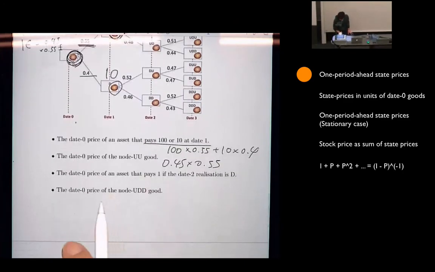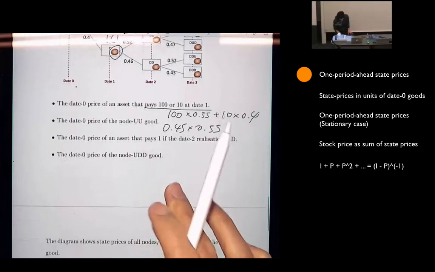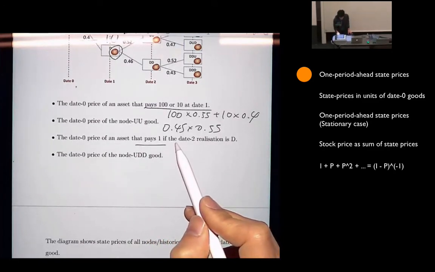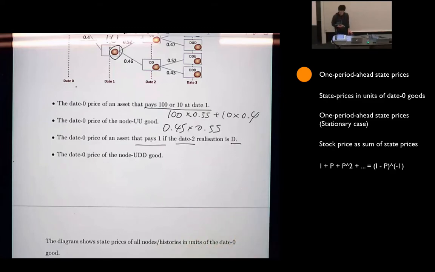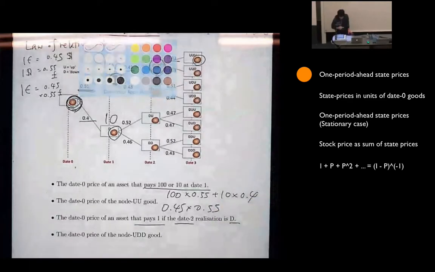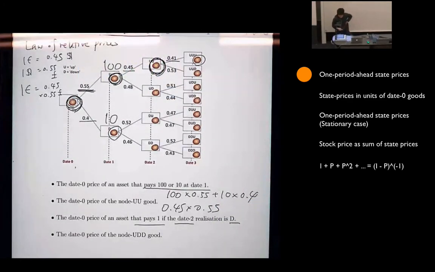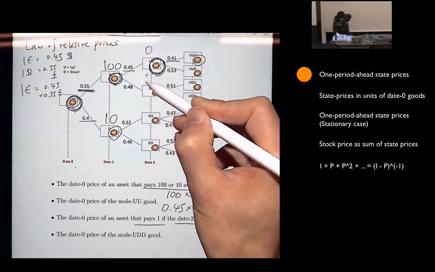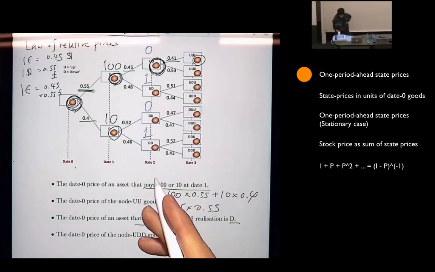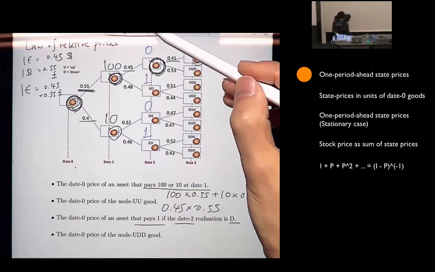What is the date 0 price of an asset that pays 1 unit of consumption good at date 2, if and only if the date 2 realization is D? The payment of this asset is 0 or 1.